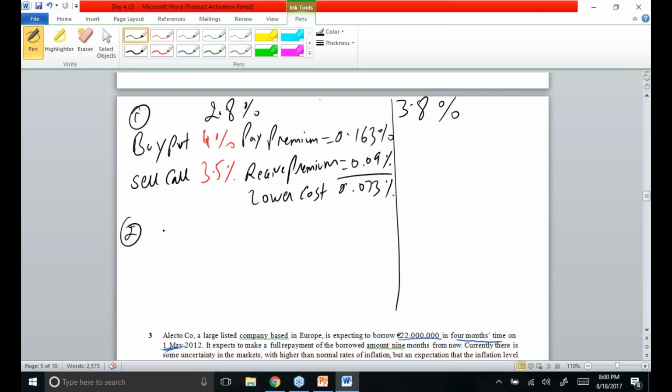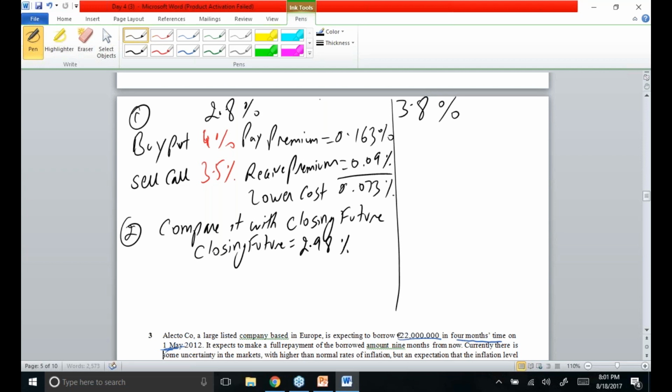Second step, compare it with closing future. Why are we comparing it with closing future? Because these are options and options are on the future. So the closing future in this case was 2.98.